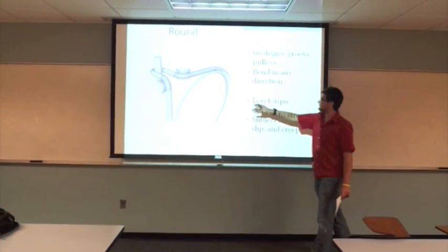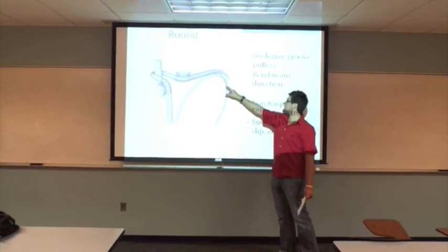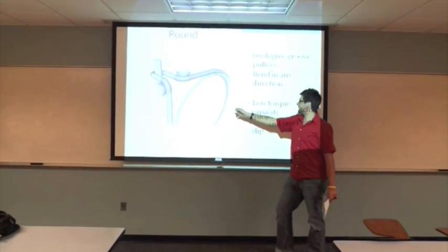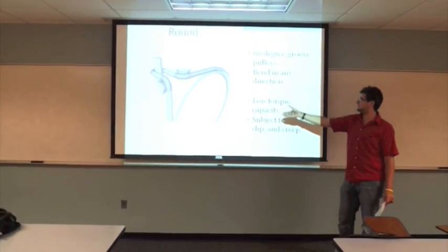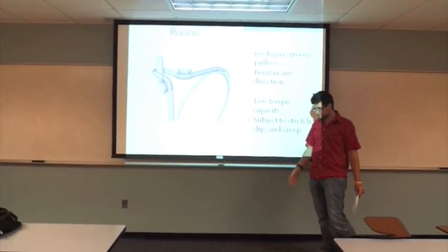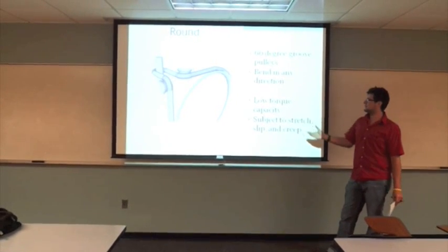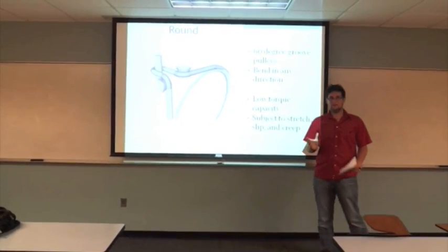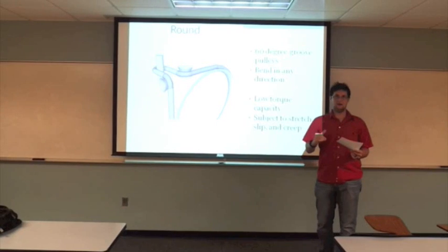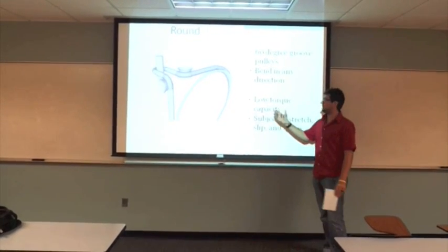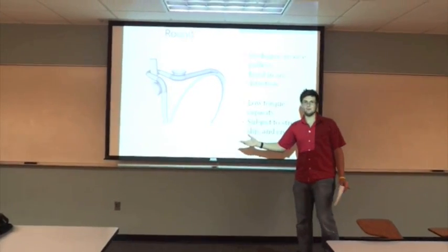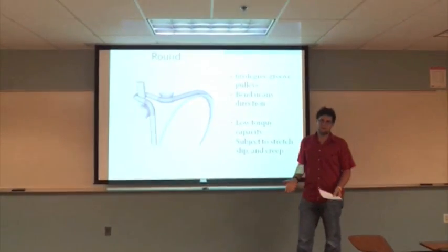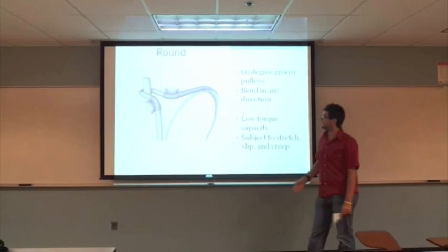When round belts are used, they get wedged in the 60-degree curve pulley. When it gets wedged in there, they don't have as many contact points as other pulleys, so they tend to slip. And when they tend to slip, things happen that you don't really want to happen.